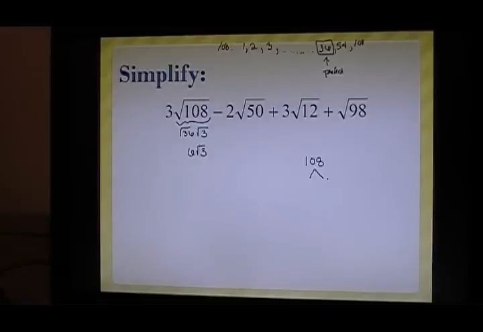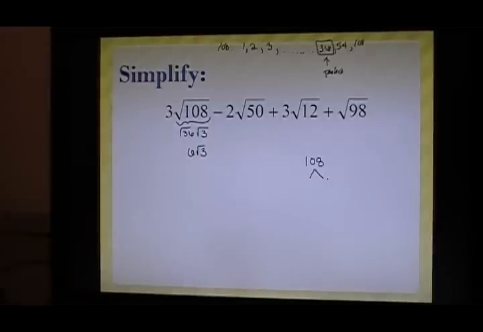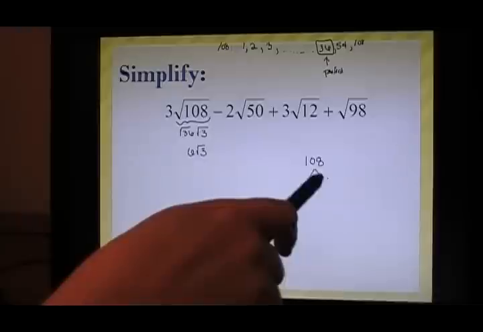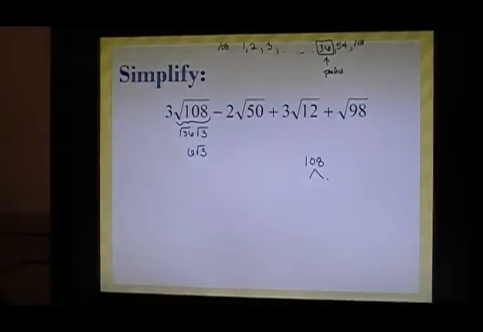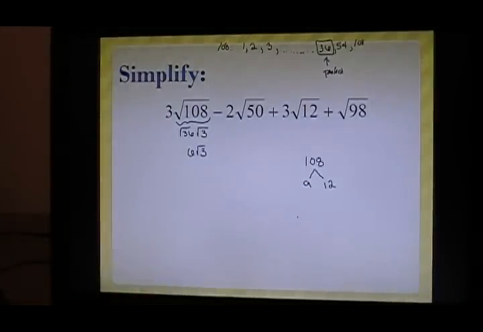I'm just really going to start until I can find some numbers that in this case would be a perfect square. So let's say you look at this and you say, oh well, I know 9 goes into 108, and you just start looking for any two numbers that multiply to 108. So if I multiply 9 by 12, I get 108.